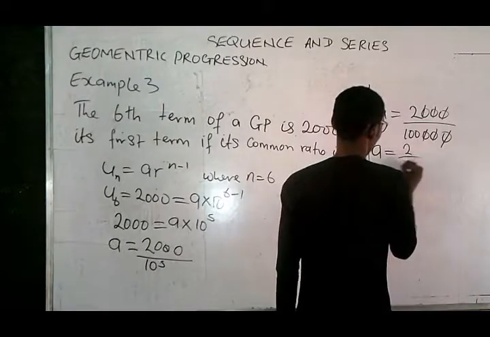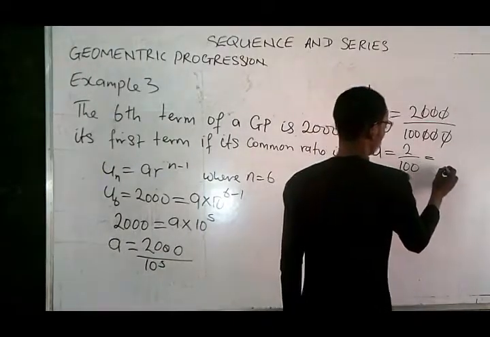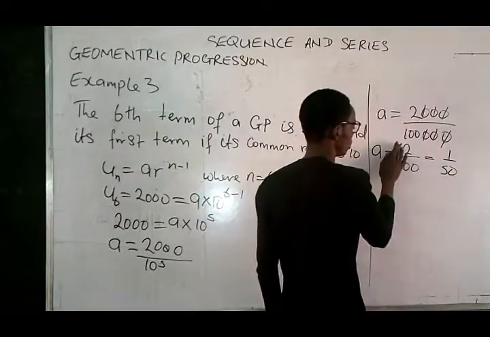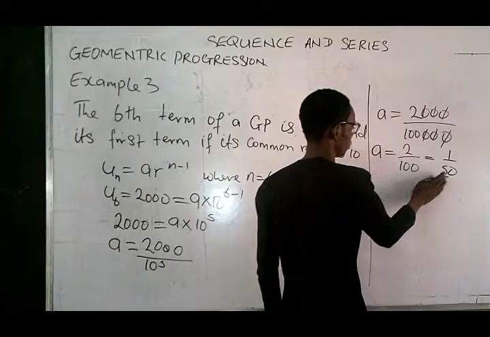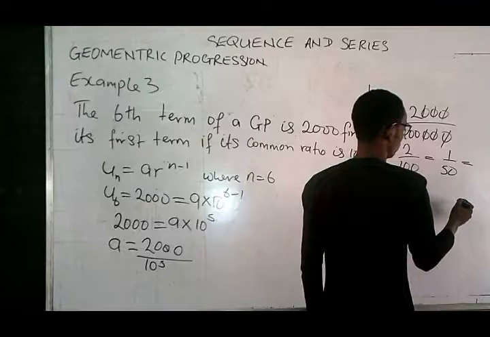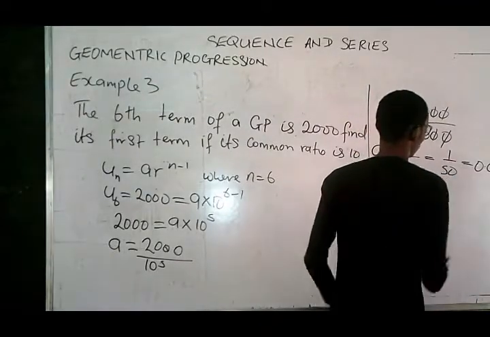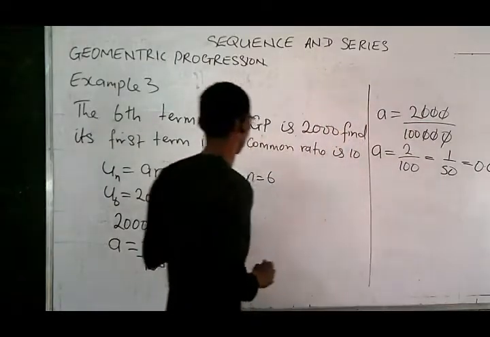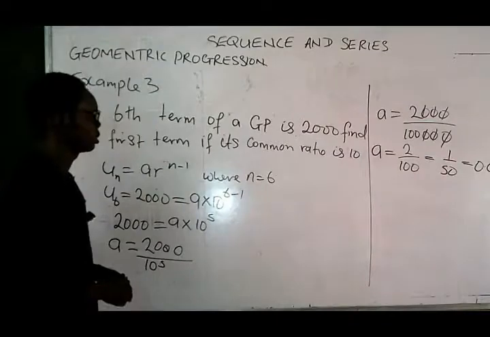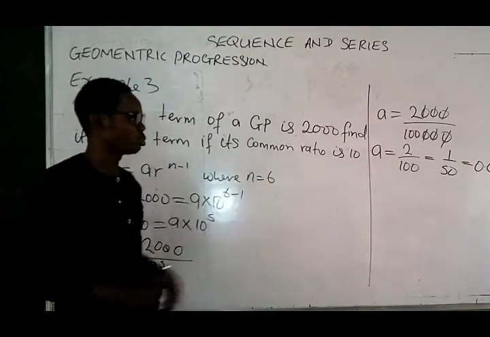We have 2 over 100, which is equal to 1 over 50, because 100 divided by 2 will give you 50. 1 over 50 in decimal form is 0.02. So the first term of this geometric progression is 1 over 50 or 0.02.